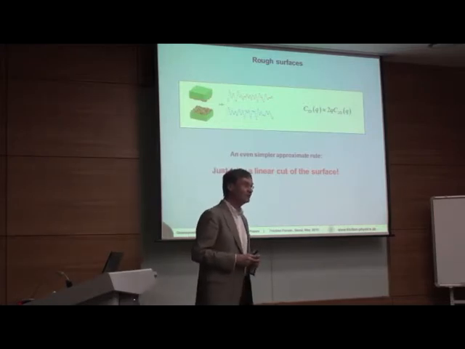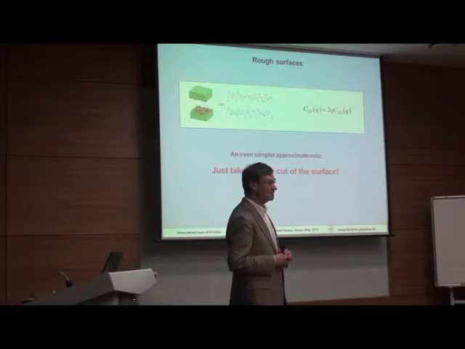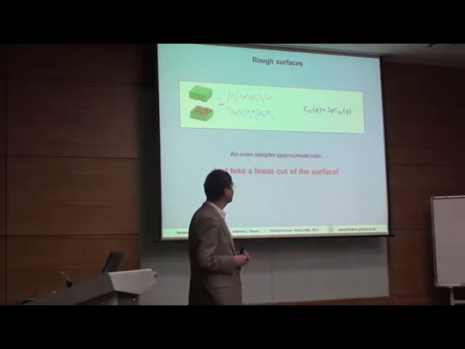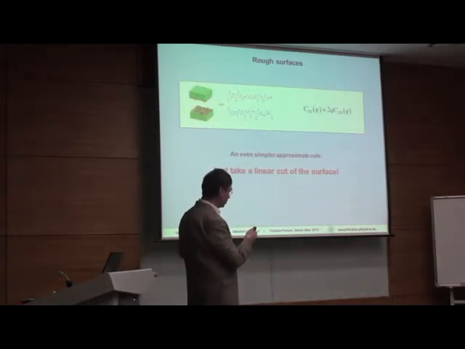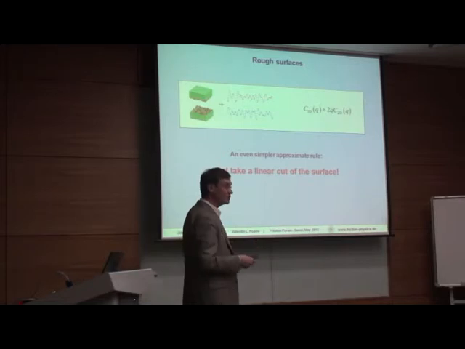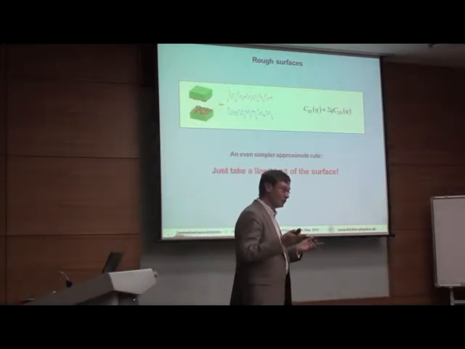In reality, may I interrupt? Yes. Can you explain more about that two-dimensional spectral density and that q? What it really means? The q is the wave vector. It is 2 pi divided by the wavelength. Okay.